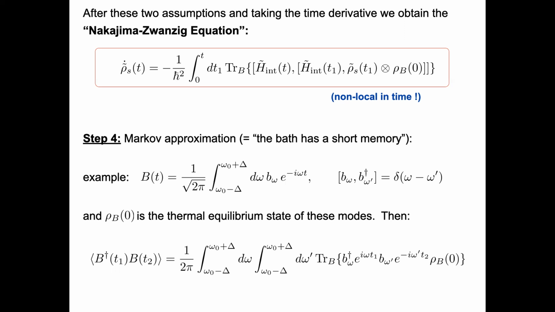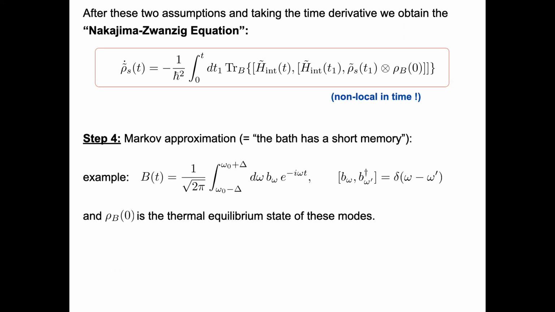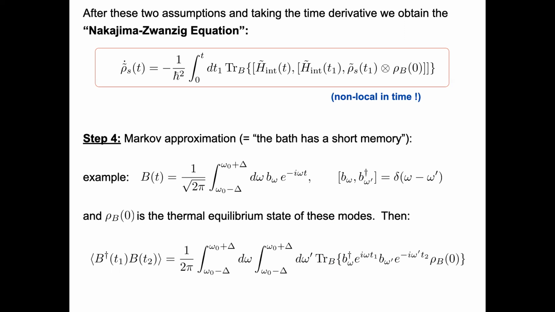So now, what is this expectation value? Think about this rho B. This rho B can maybe be a vacuum state. If it's a vacuum state, this type of expectation value would actually give you 0, because B acts on a vacuum state.